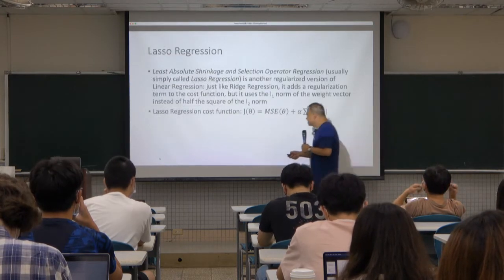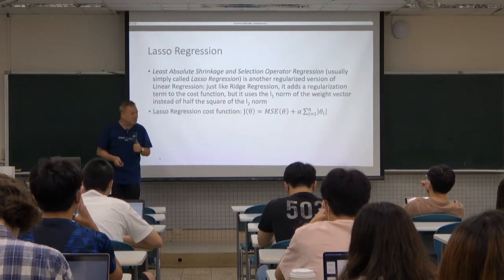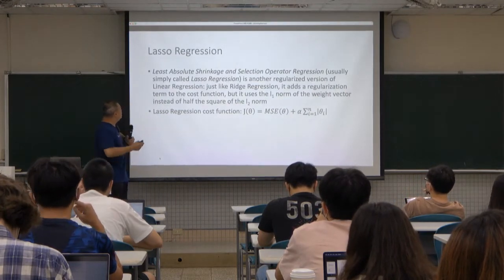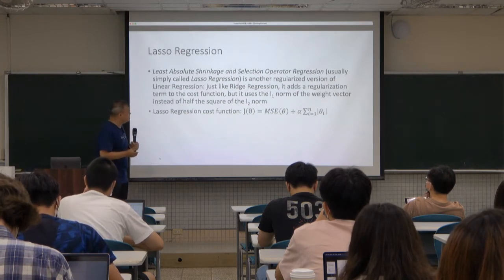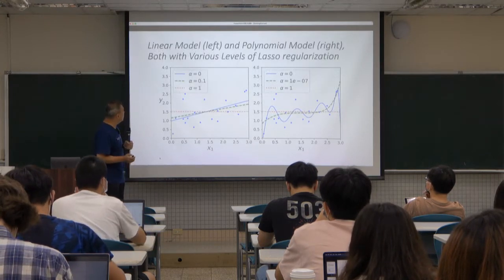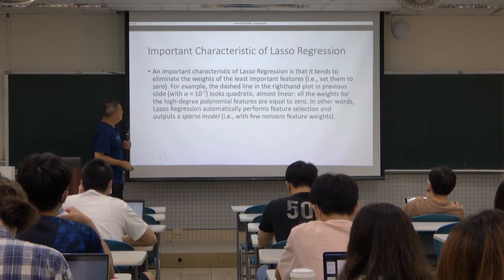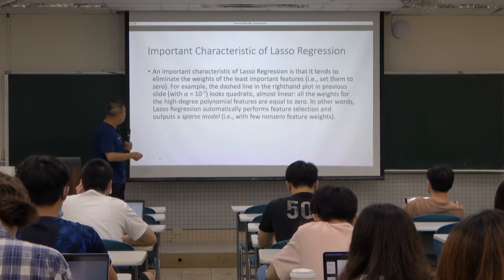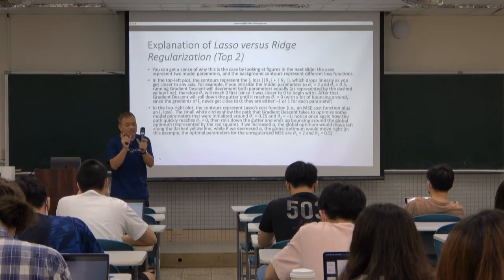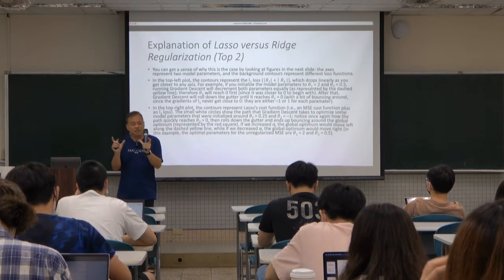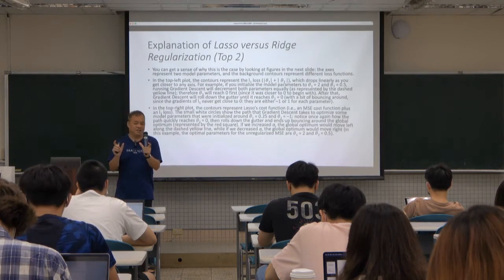So the importance here I want to emphasize is really not that lasso has more constraint than ridge. No. I already talked about this. The difference between ridge and lasso is not about the power of regularization.